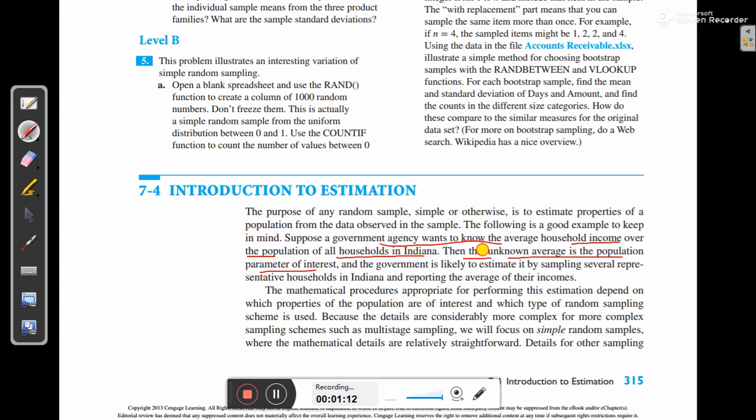At that time the average is not known, that is why it is the population parameter of interest, and the government is likely to estimate it by sampling several representative households in India and reporting the average of their incomes. So that is the scenario. We need to understand this scenario because that is the purpose of estimation.